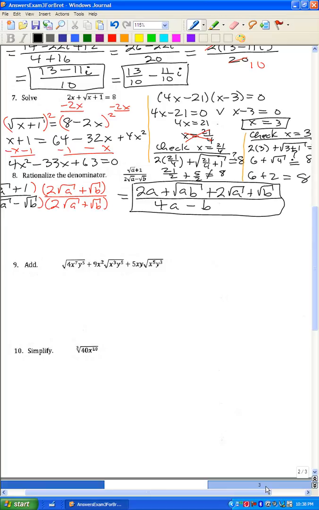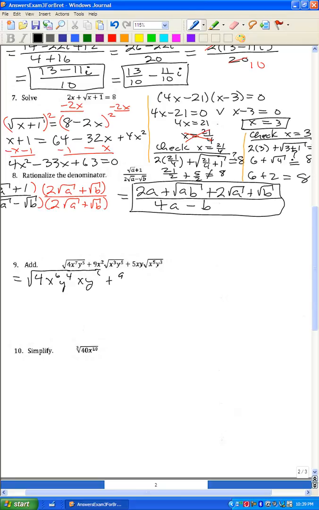And so, the square root of 4, actually, let me write it this way. Let me write this as the square root of 4, x to the 6, y to the 4, times xy. So I can rewrite 4x to the 7, y to the 5 as 4x to the 6 times x, y to the 4 times y.